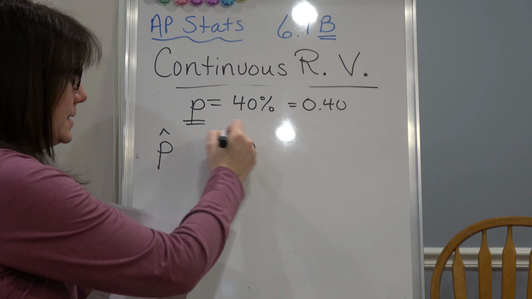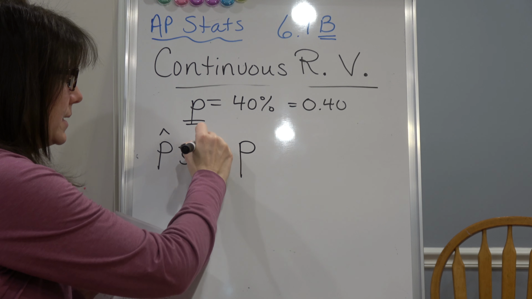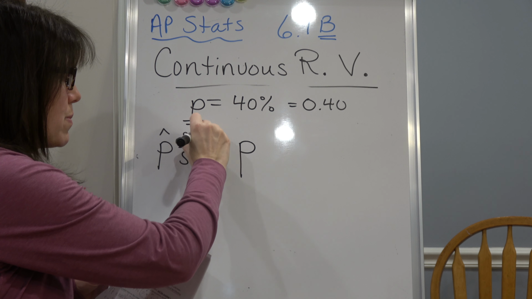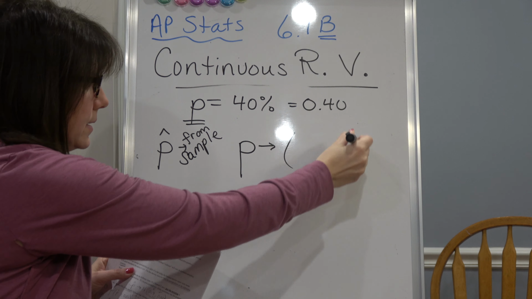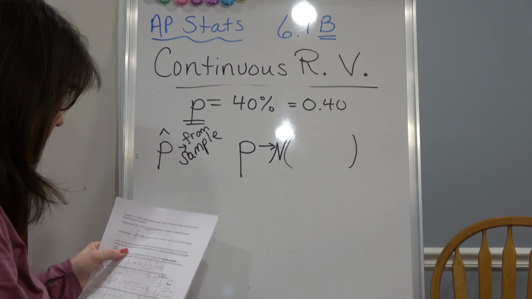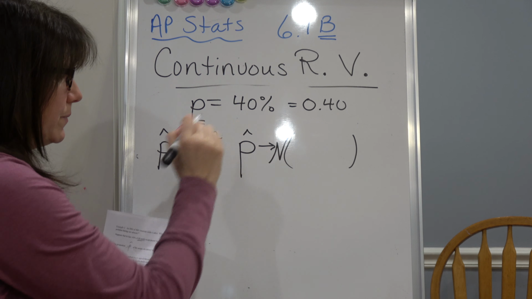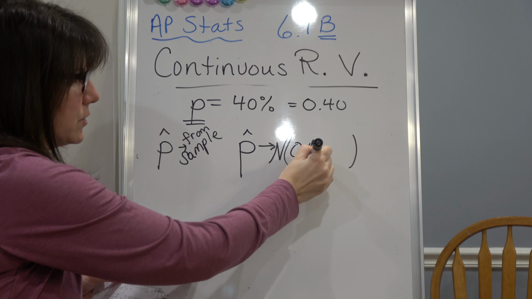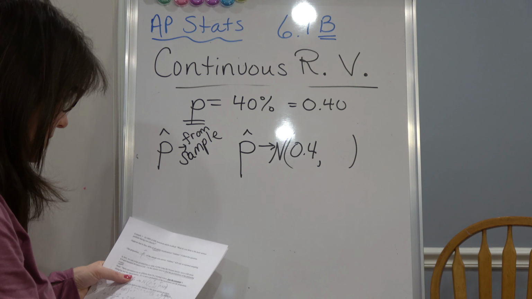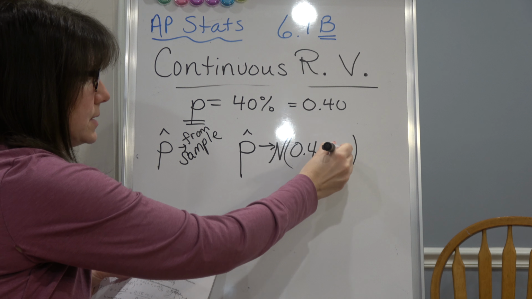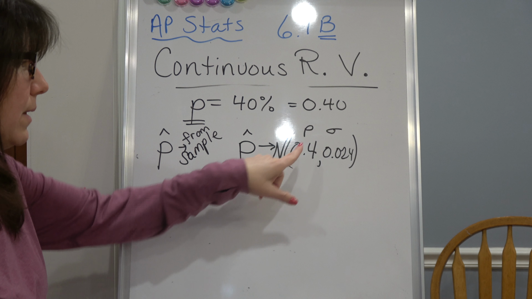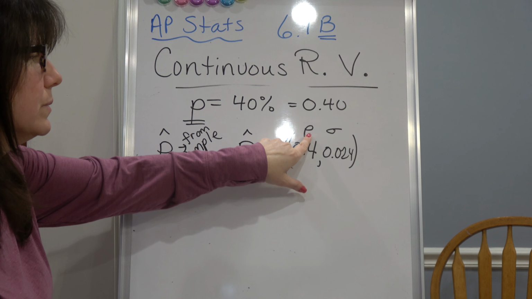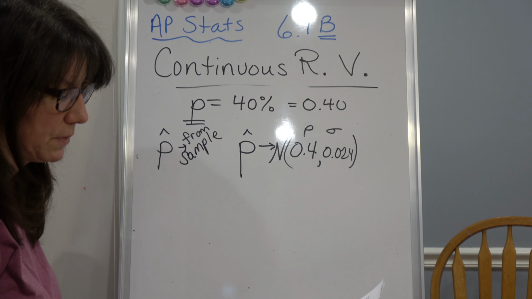So the density curve, this is from a sample, let's label that, is normal. And this is the distribution of p hats with a mean of 0.40, and they tell me a standard deviation of 0.024, right? So we're going to have now not a mean or a mu, we're going to have a p, and we're still going to have a sigma, okay?